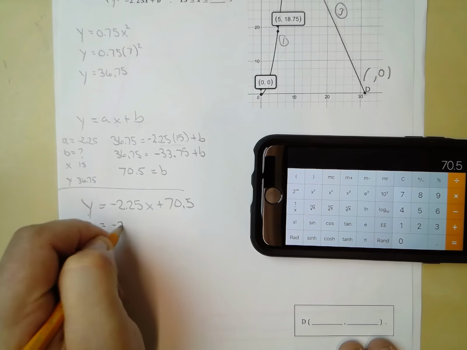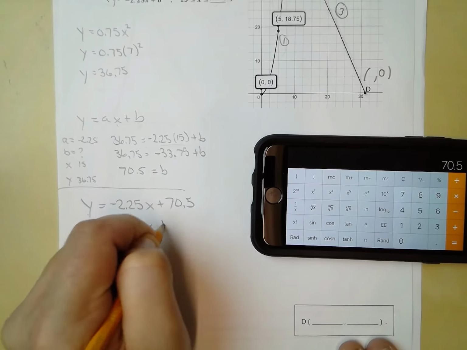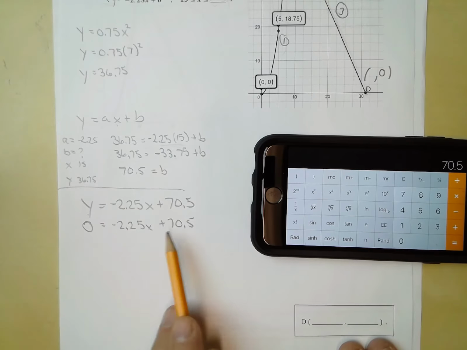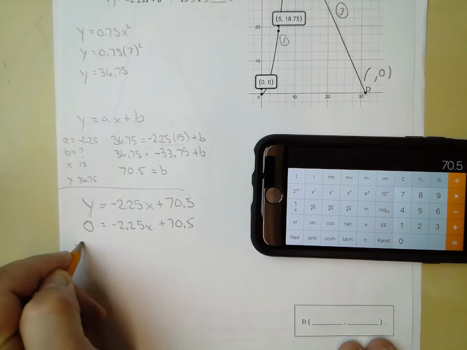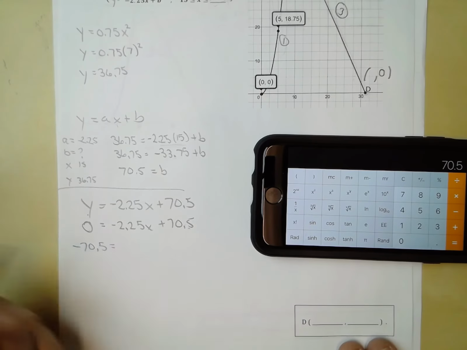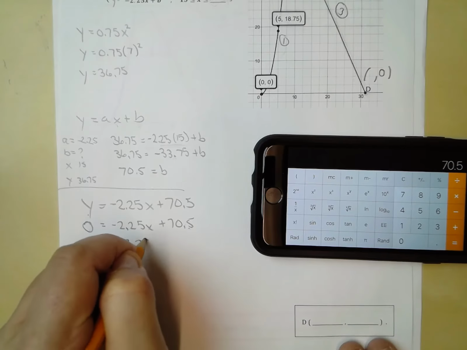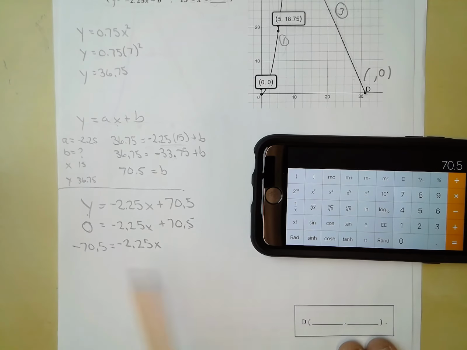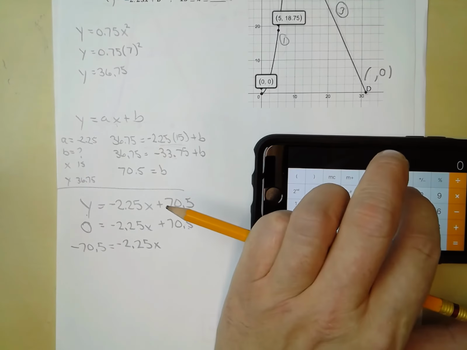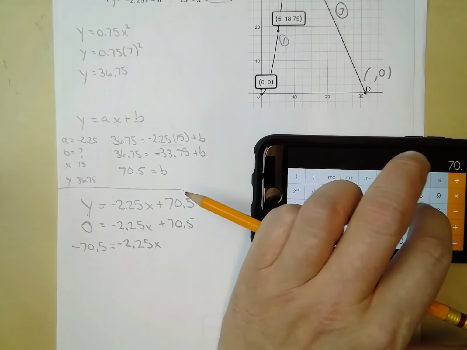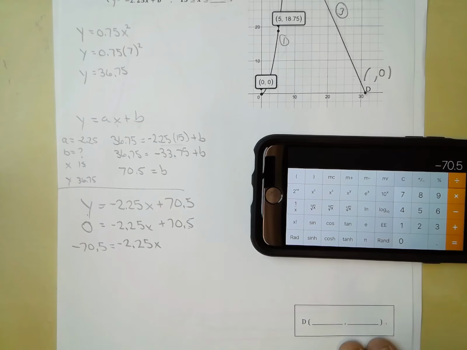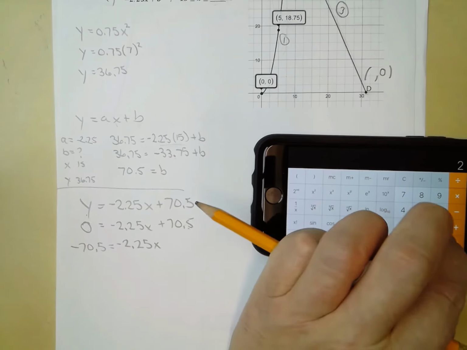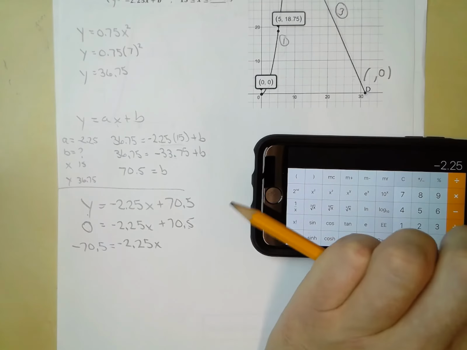0 is equal to negative 2.25x plus 70.5. I'm going to subtract 70.5 from both sides, which will leave me with that. And then I'm going to divide, and of course I'm going to divide by negative 2.25. So negative 70.5 divided by negative 2.25. Don't forget the negatives.